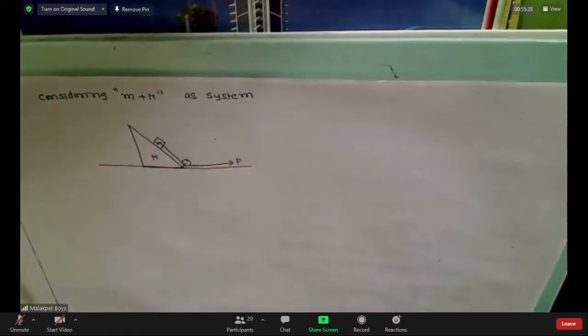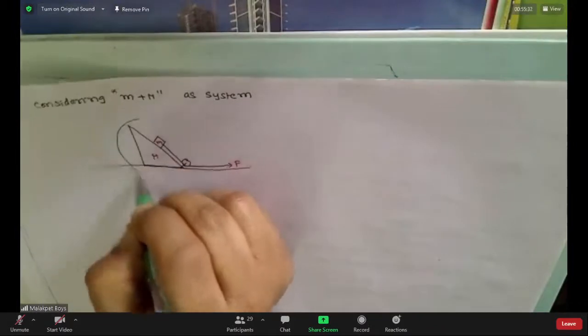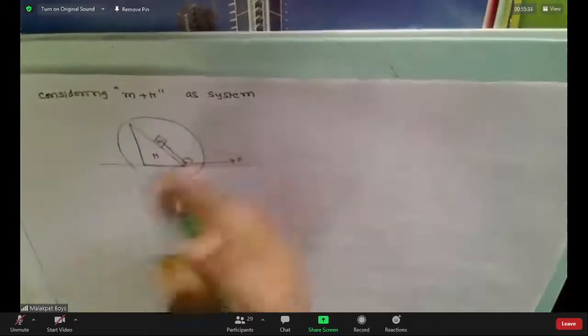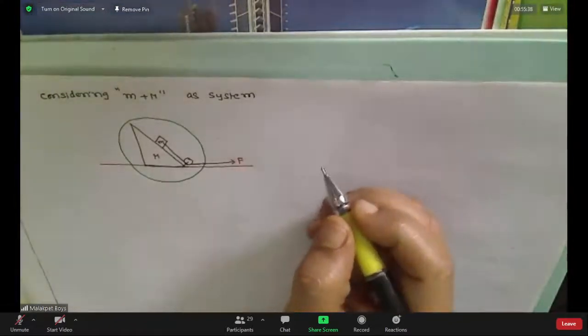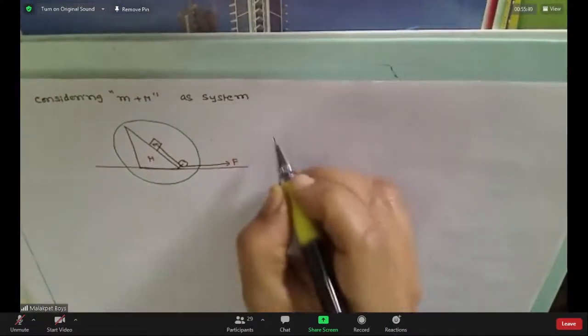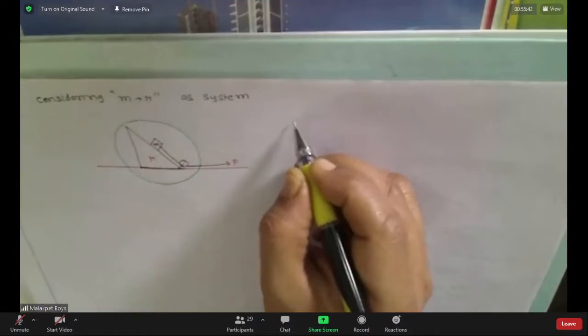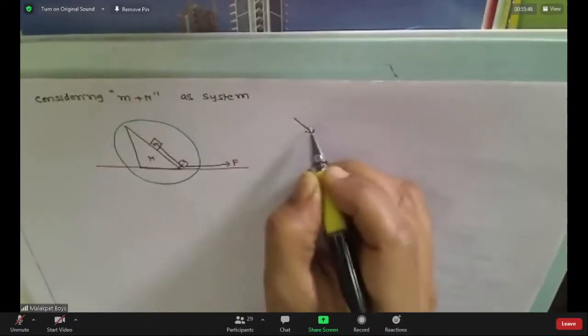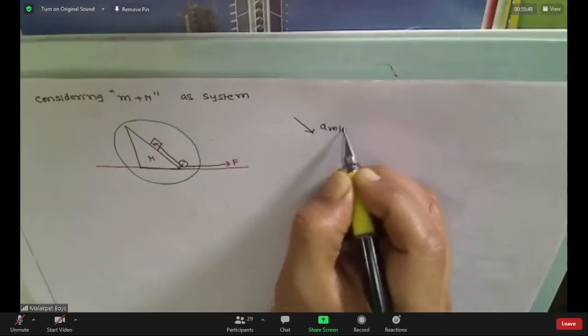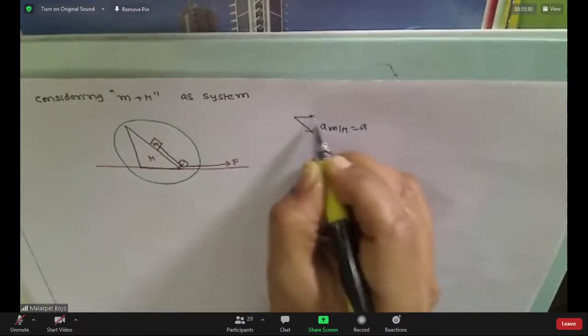Right. Now here our aim is to take this as one system. So what is the external force on the system? F. Now you know that this is A. So this will be how much?